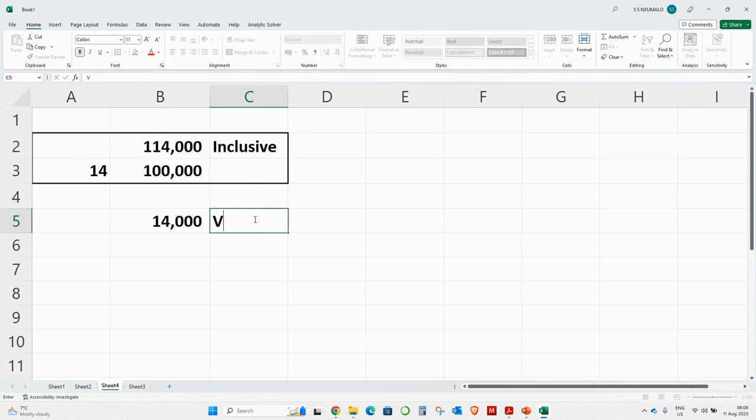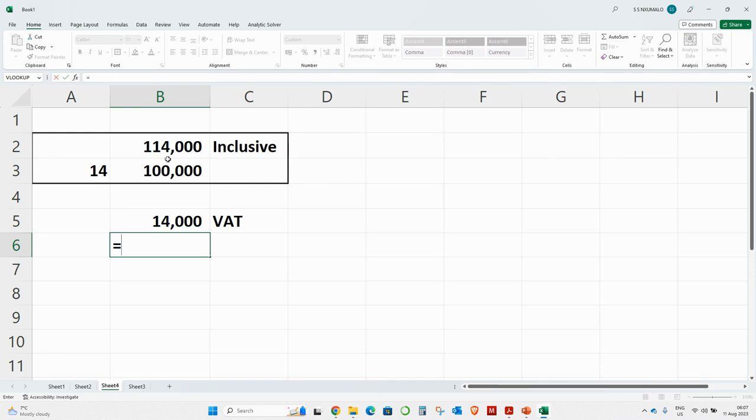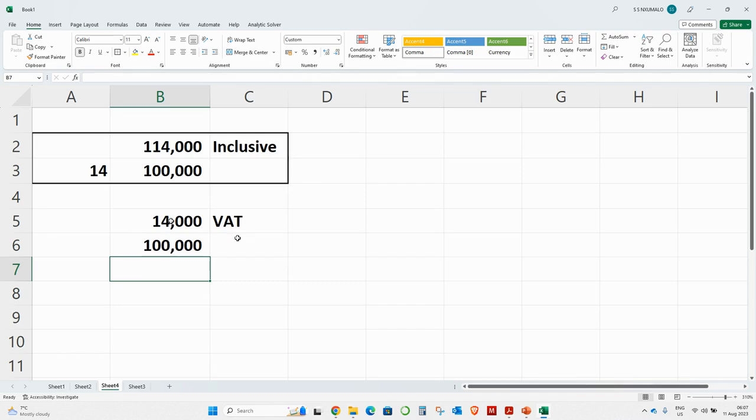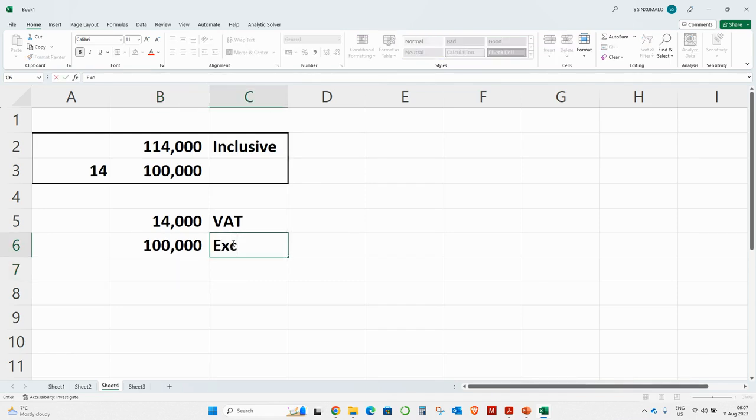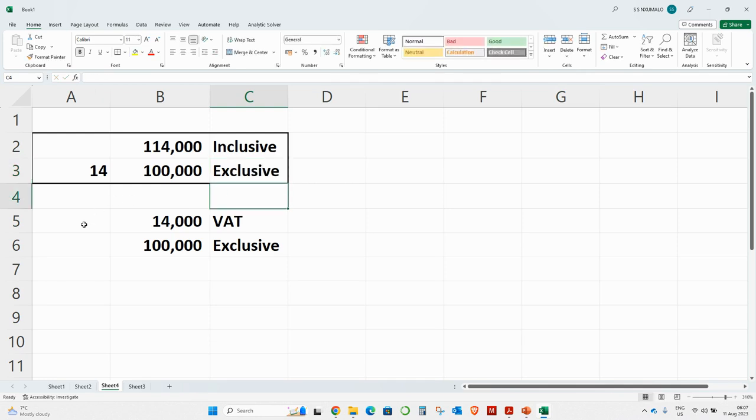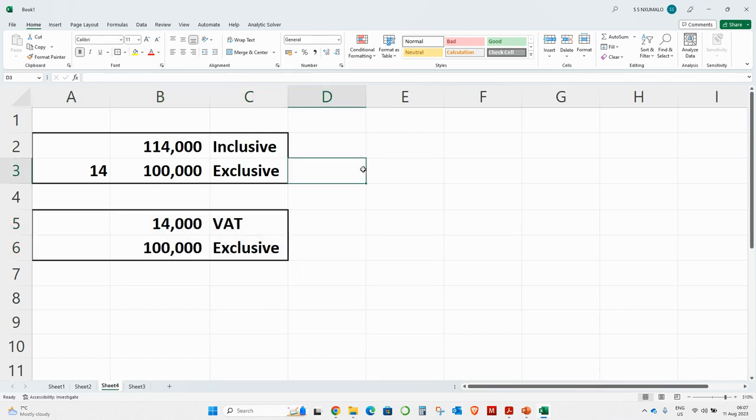So once you've gotten the VAT amount, you then take the 114 and take out the VAT, and then you are left with the exclusive amount. There's just a couple of ways of doing this, or two of them basically. I hope this is clear.